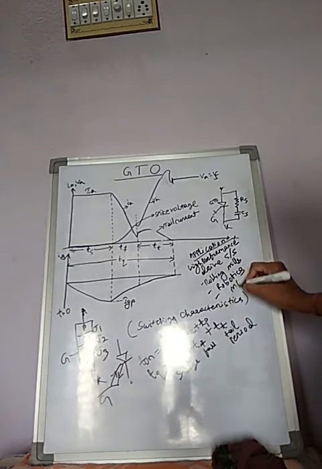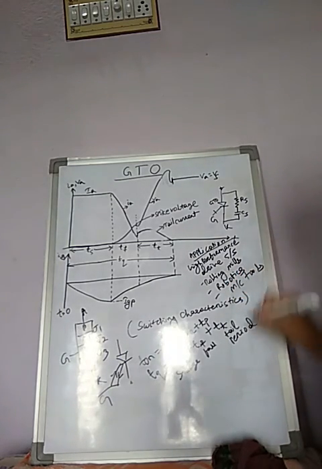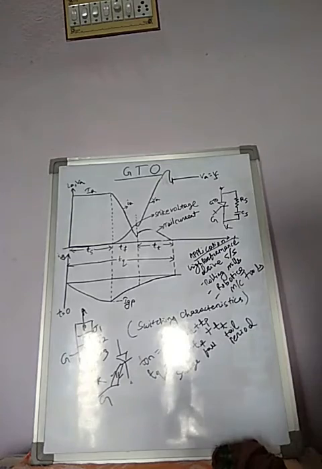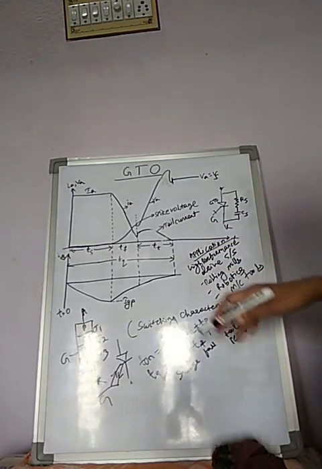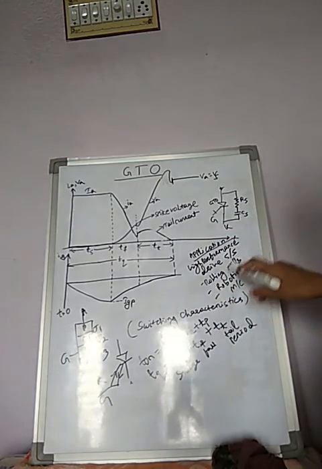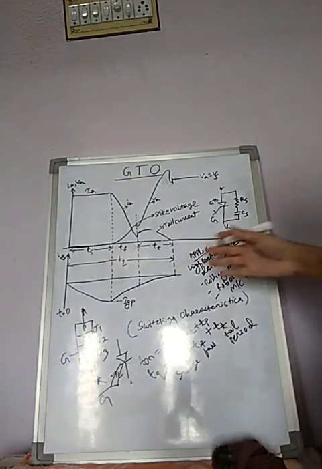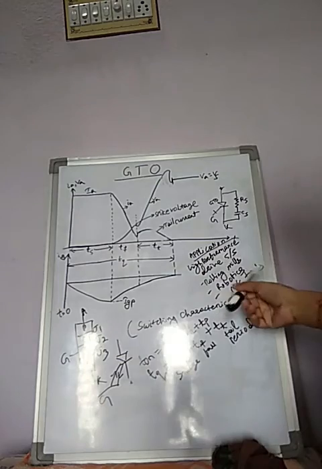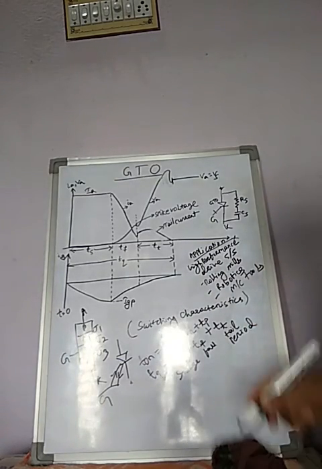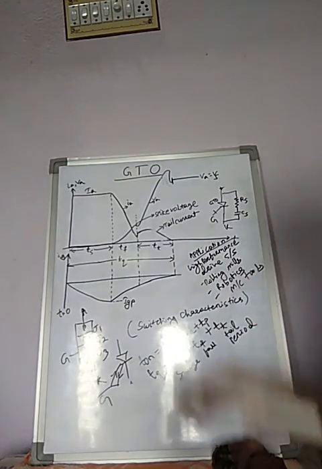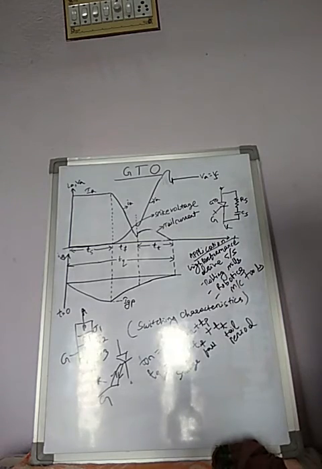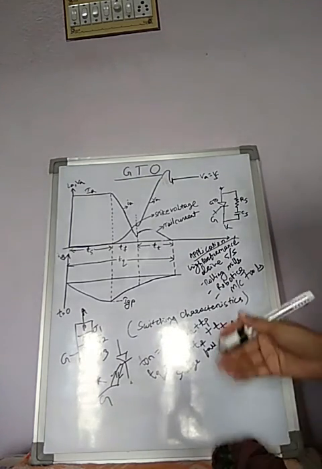Whatever field oriented control schemes are used in rolling mills, robotics, machine tools, these are all used in high performance drive systems. For traction purposes also these types of devices can be used, and in adjustable frequency inverter drives also GTO is used.